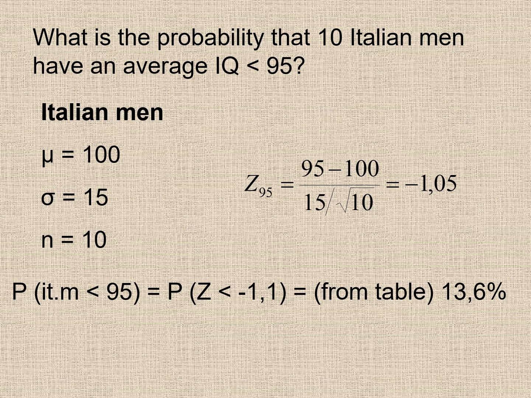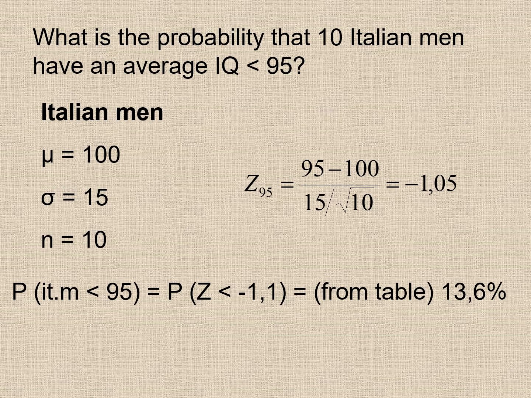So in order to receive a sample mean that is less than 95, we will need a sample mean that is at least 1.05 standard errors below the population mean. And how high is that probability? Well, that probability corresponds to the proportion of the zeta distribution that is below, to the left of, the value minus 1.05.